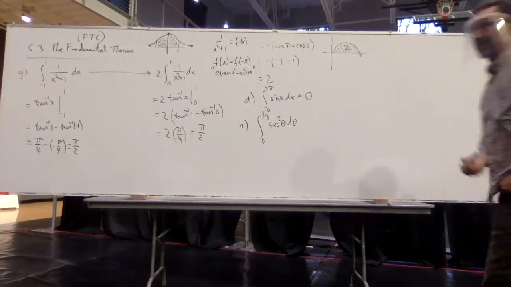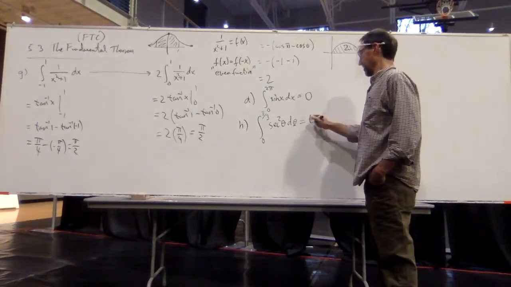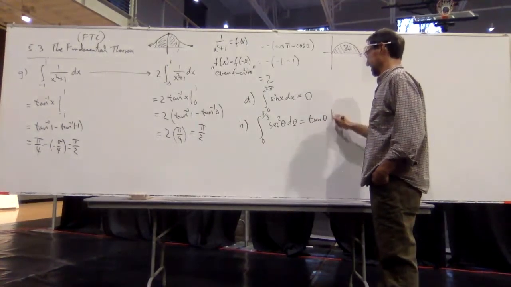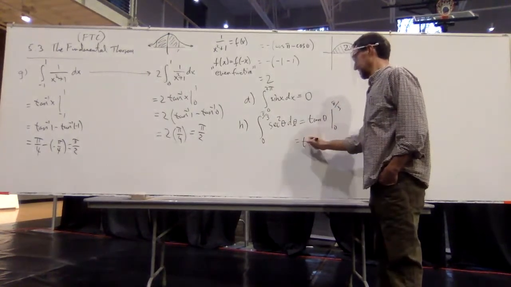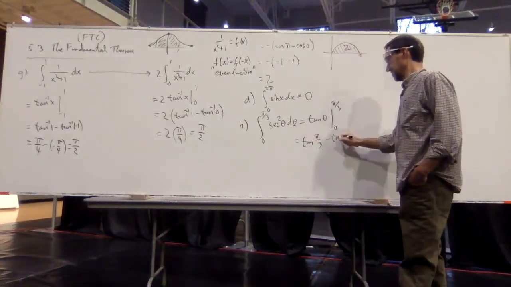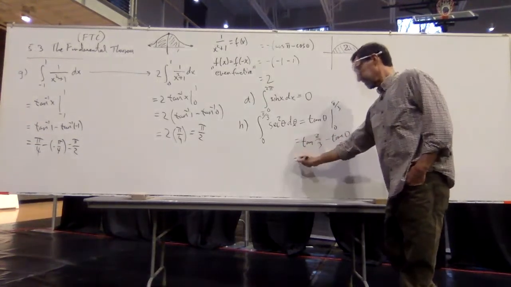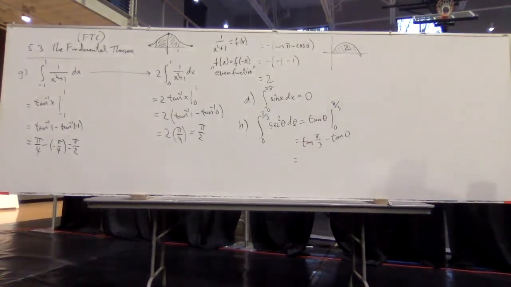Anybody know a function whose derivative is secant squared? Yeah, we all do. Tangent, from 0 to pi over 3. So we get the tangent of pi over 3 minus the tangent of 0. Anybody know the tangent of pi over 3?